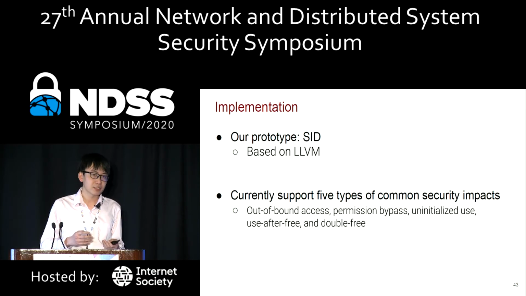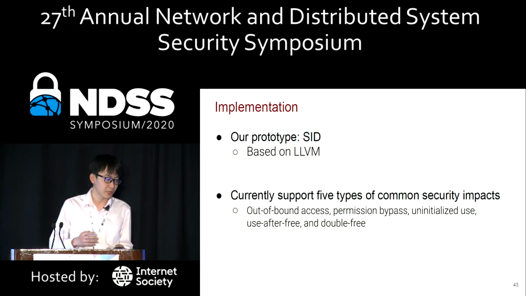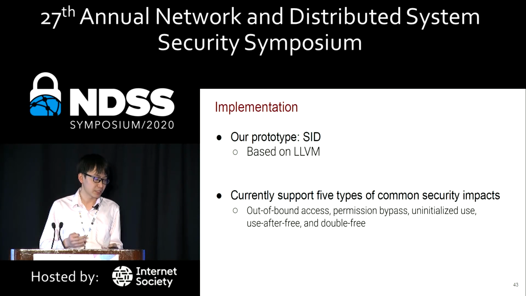Our implementation is based on LLVM, and we have implemented a prototype of SEED, which currently can detect five types of common security impacts: out-of-bound access, permission bypass, uninitialized use, use after free, and double free.